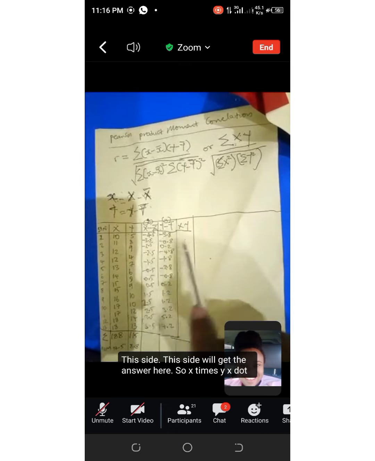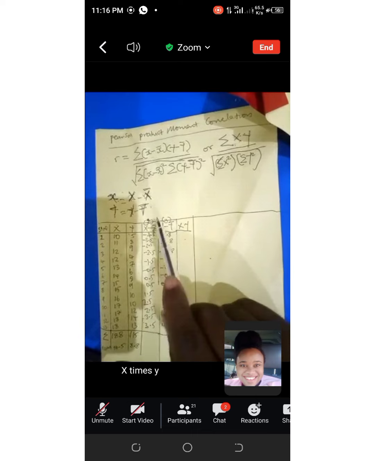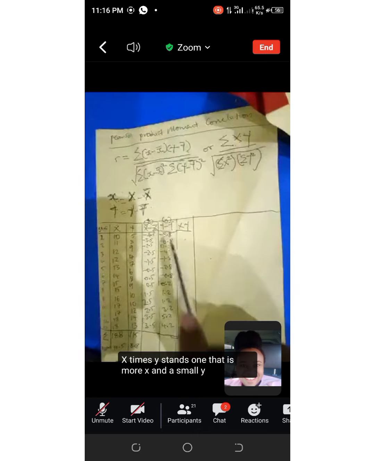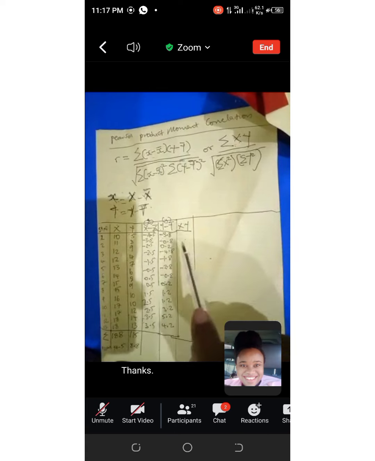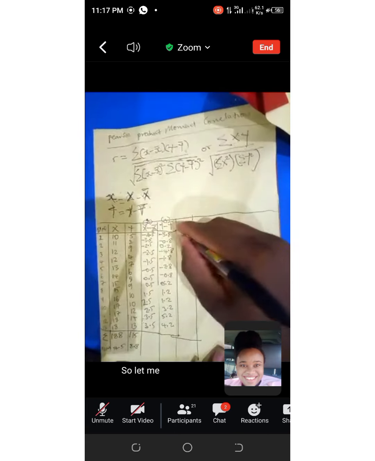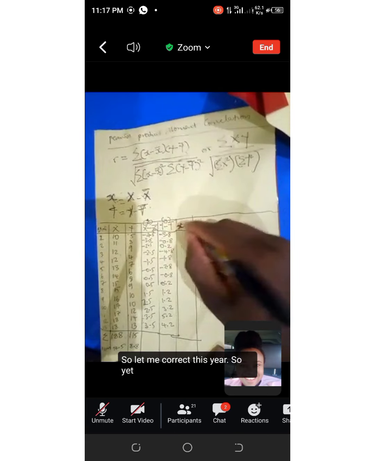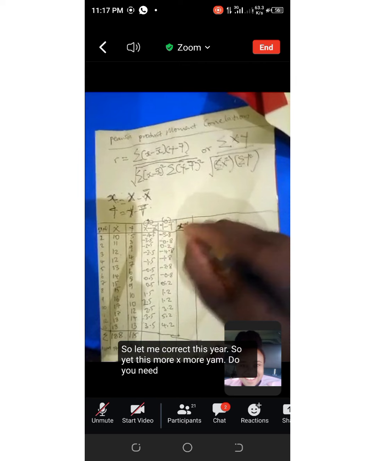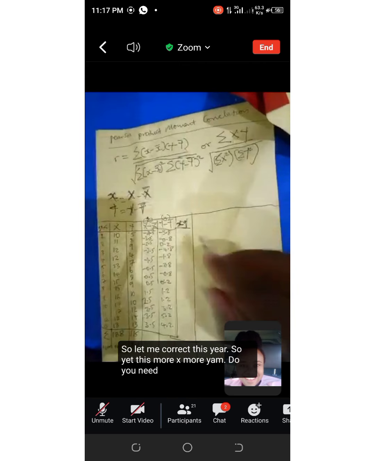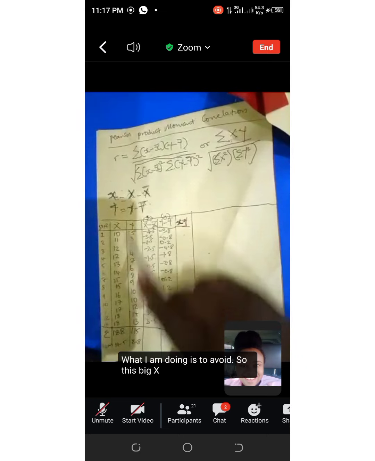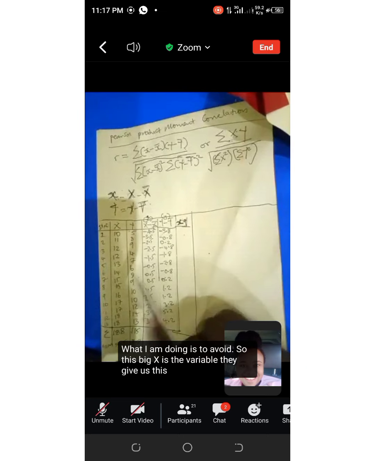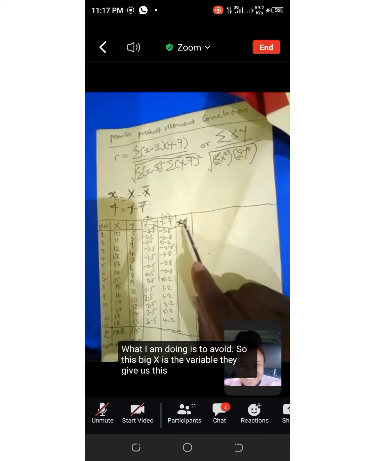That's the small x and the small y. Let me correct this here. So here the small x, small y. Why I'm doing it is to avoid confusion. This big x is the variables they give us. This big y is the variables they give us. But this one is what we got from the deviation from the mean.